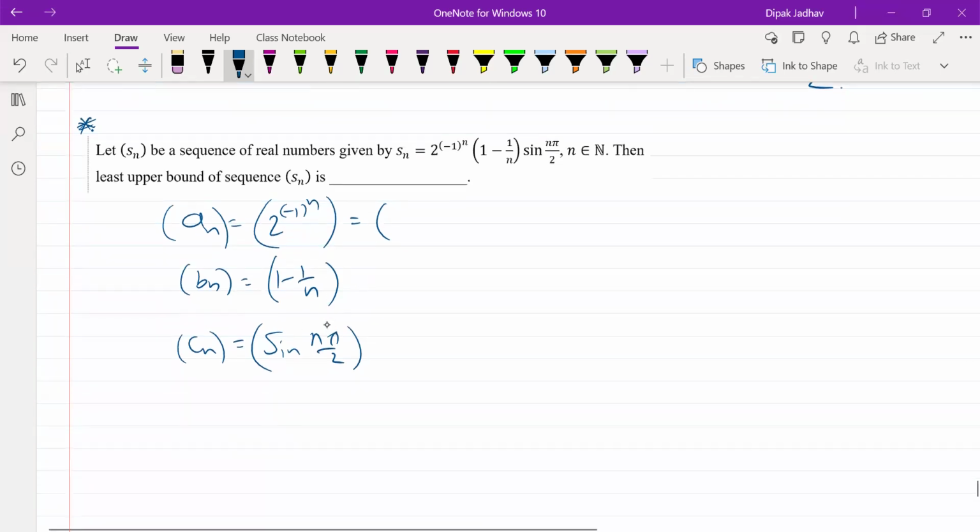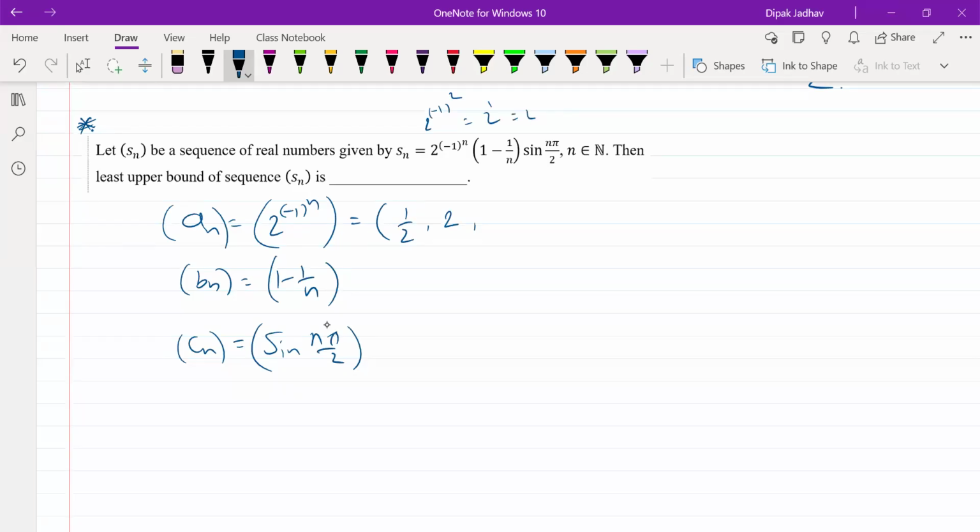Okay, so let's figure out the terms in the first sequence, 2 raised to minus 1 raised to n. What is the first term of the first sequence? Is it 1 by 2? Then second term, n equal to 2, that is 2 raised to minus 1 raised to 2, so 2 raised to 1, that's 2.